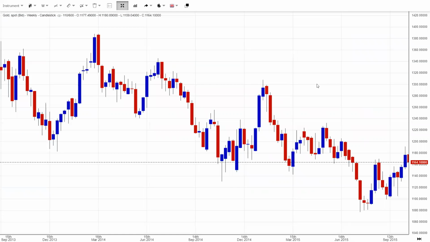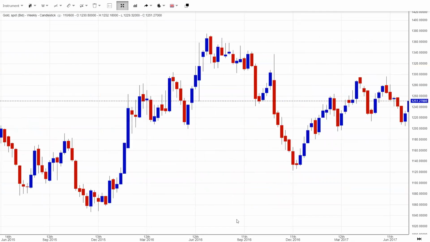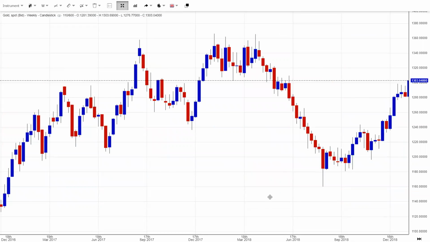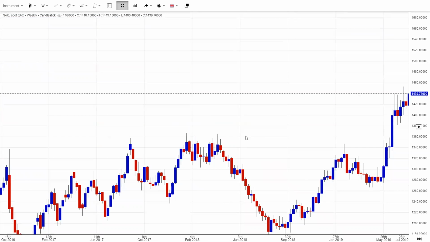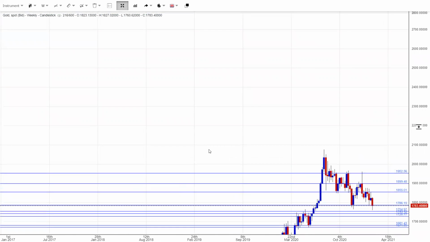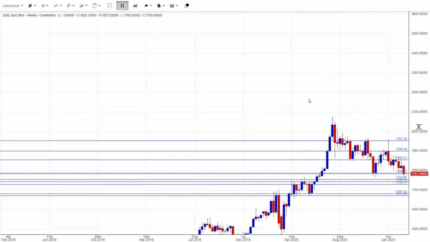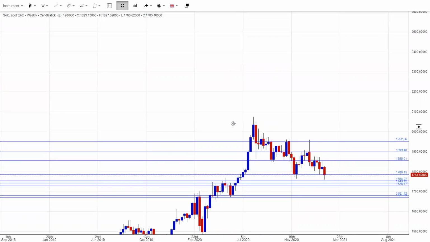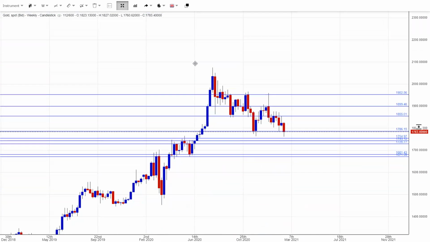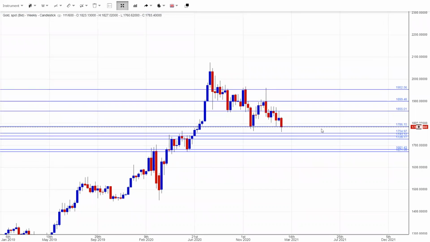If we zoom out and go back, there you go. Price came down close to the 1760 zone, which we marked up for last week.